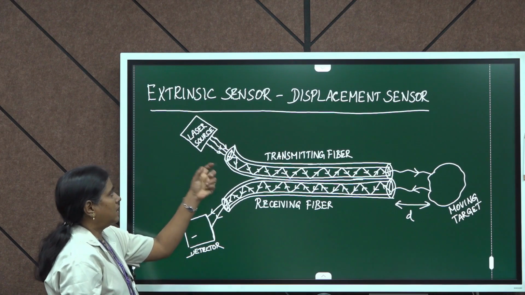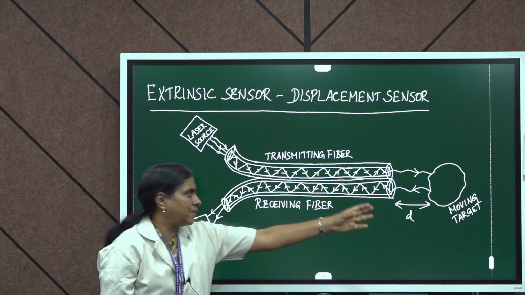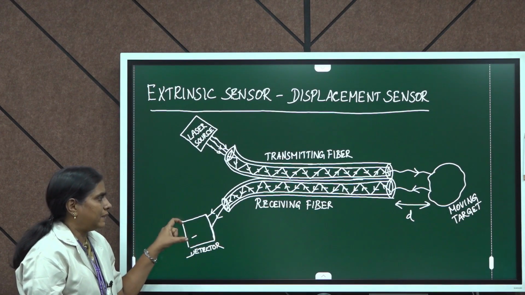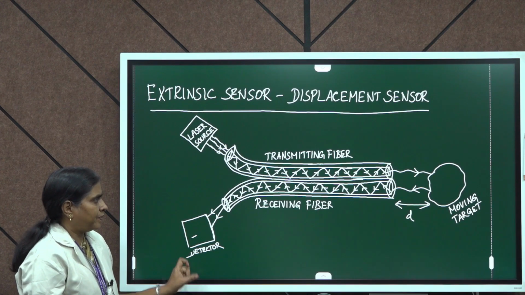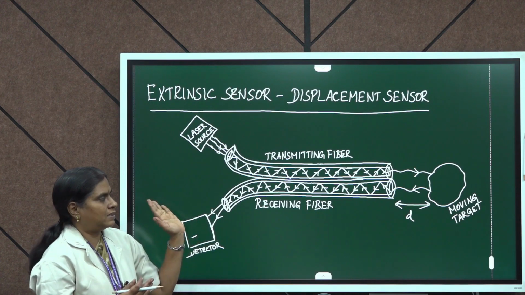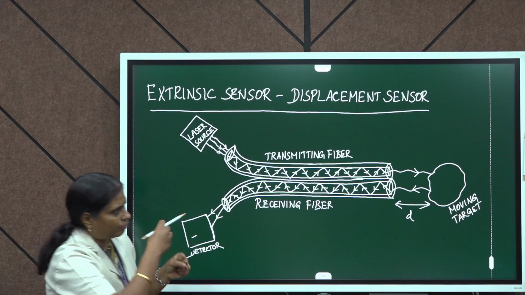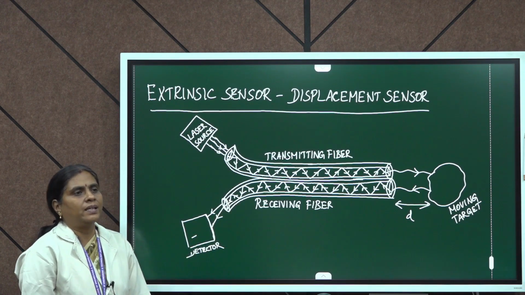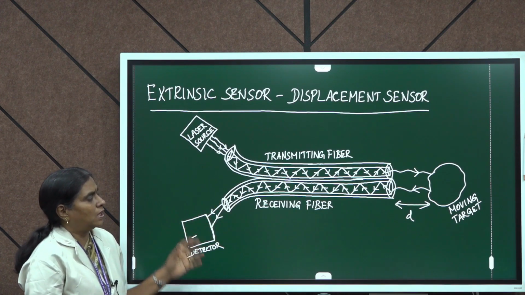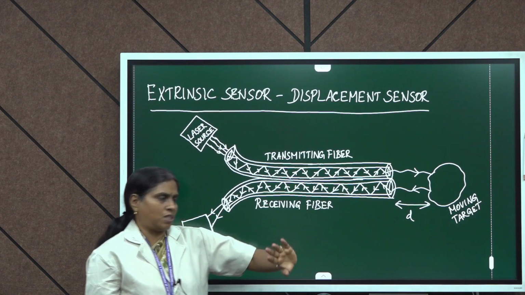These signals are detected. If the target is approaching the sensor, the intensity of the light is greater. If it is moving far away from the sensor, the intensity is less. By analyzing these factors, we can find the displacement of that object.